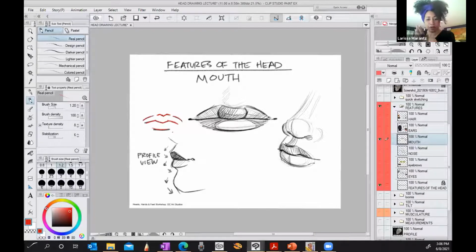Now, is it everybody's mouth? Absolutely not, because everybody's mouth is different. But what we can look at is the 4 forms that make up the lips. Depending on whether you have full lips or thin lips, you're still going to have some variation of this. You have this center portion here, which is rounded, and this is what gives this division here.